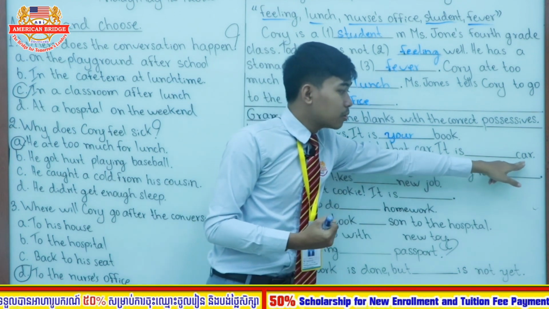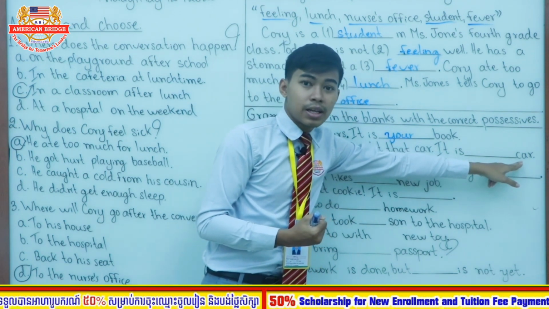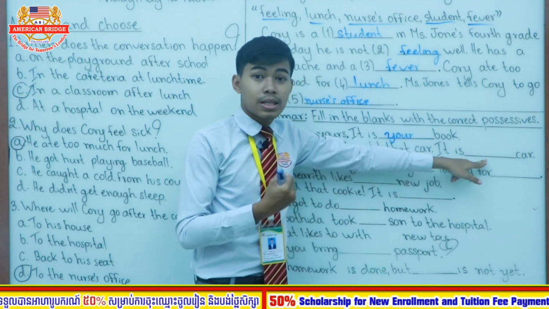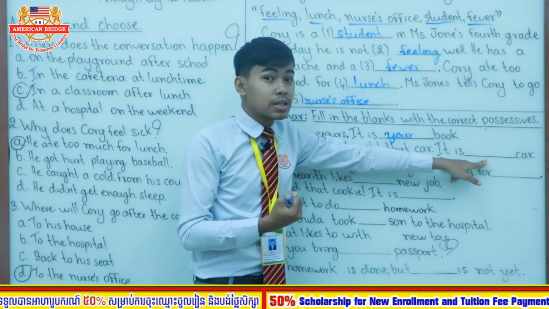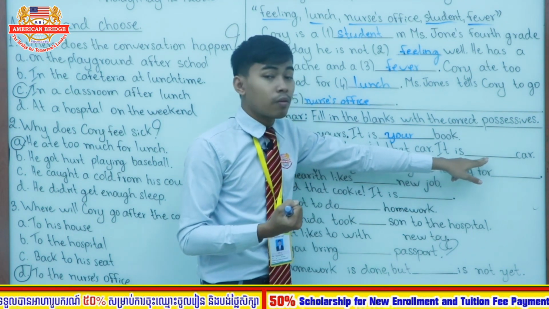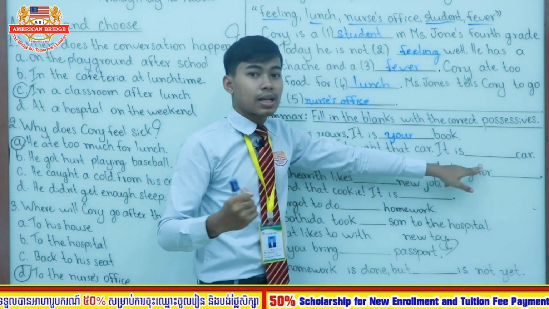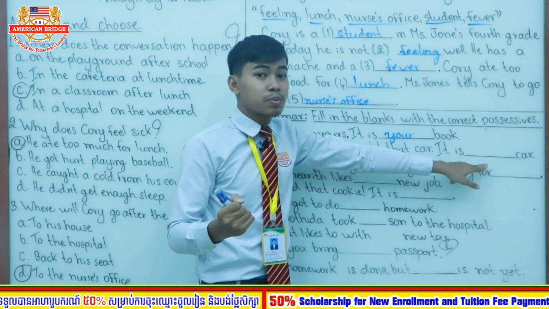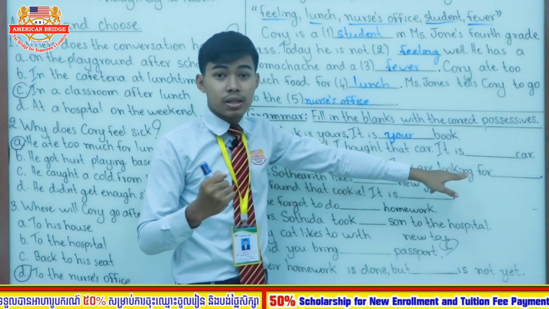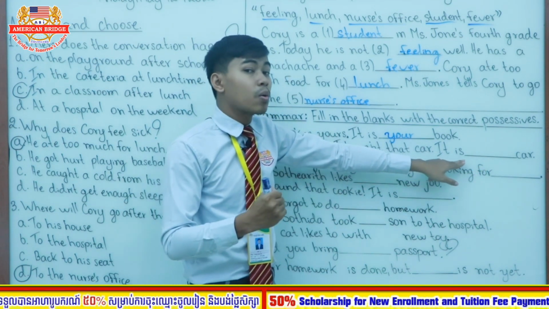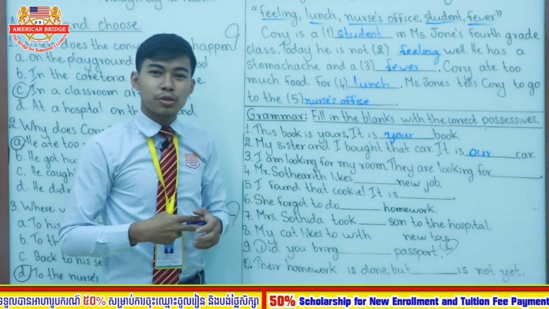You see the noun here, right? If you see the noun, you have to complete with the possessive adjective, because an adjective always comes before a noun. You cannot use a possessive pronoun. You have to use the possessive adjective. So it is our car. Okay, so now let's go to number 3.